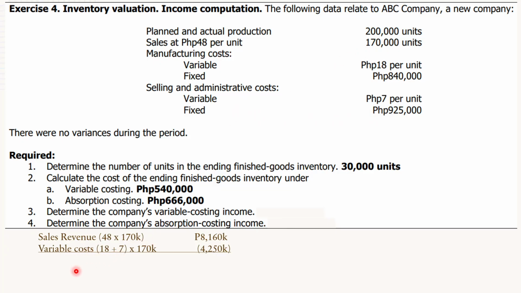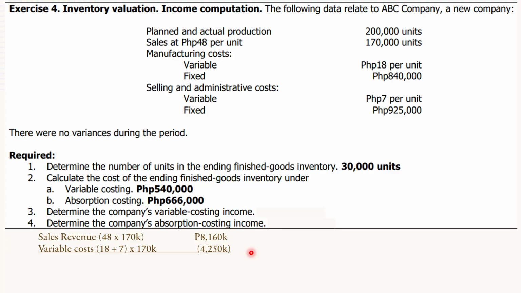So the total variable cost would be cost of goods sold variable, 18, plus selling and admin expense variable, 7, that's 25 times 170,000. Your variable cost, the rightful item to be deducted from sales revenue under variable costing, is 4,250,000.